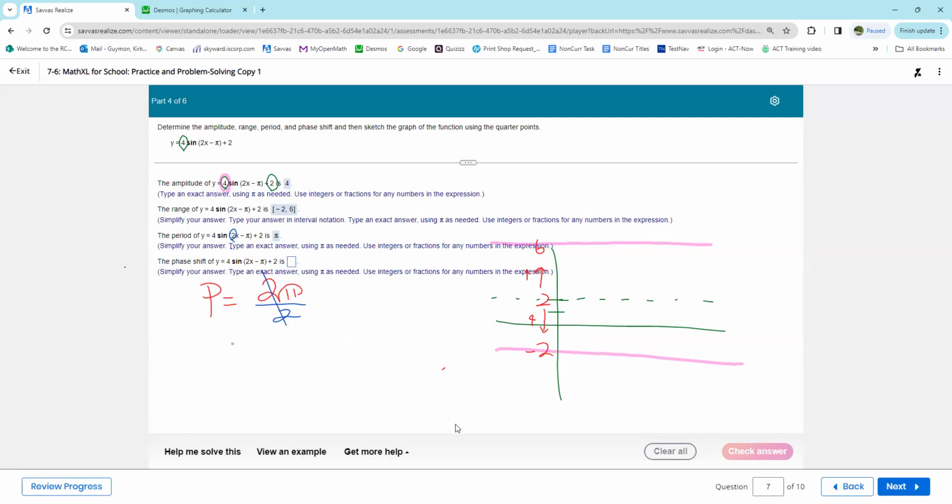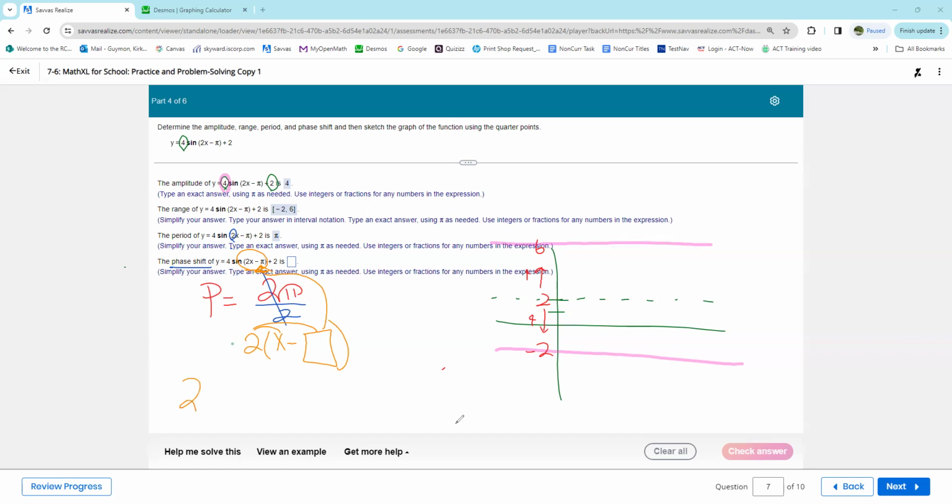The phase shift. Phase shift is if you're moving it from left to right and transforming it that way. So for my phase shift on this, if you take this part right here and factor the 2 out, you have x minus, and then whatever I put here, when I distribute this 2 in, has to go back to a pi.